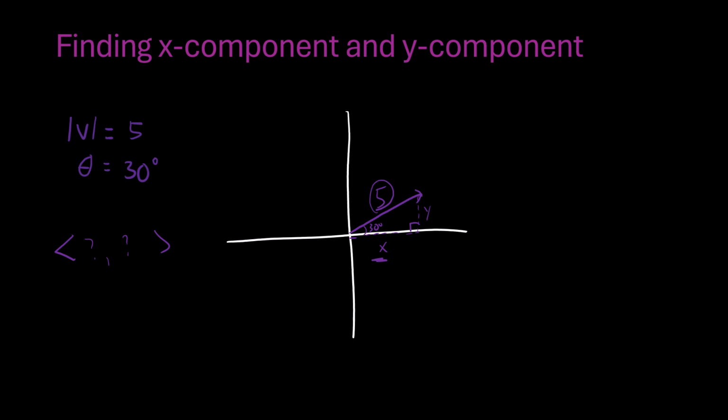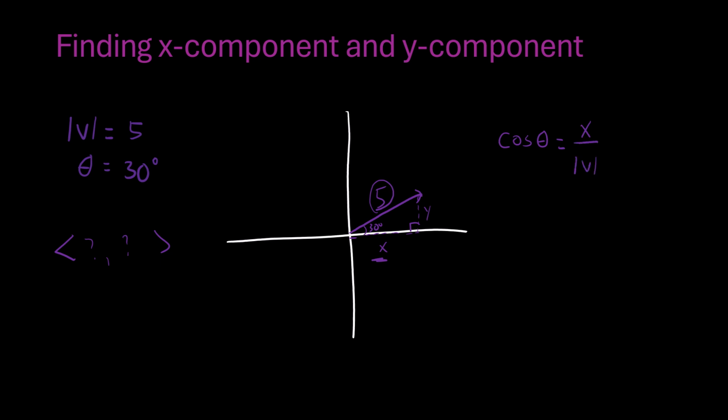Since we want the side adjacent to this 30 degree angle, we would use cosine of 30. I'm going to write it hypothetically first, and then I'll do it specifically. So this would be x over the magnitude of the vector.